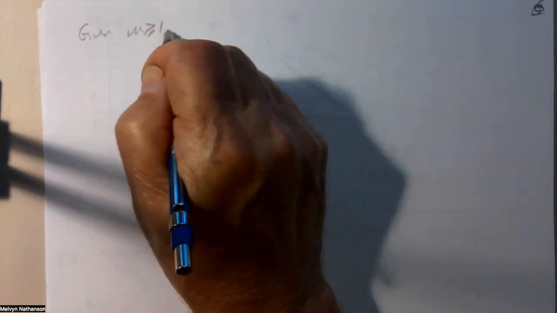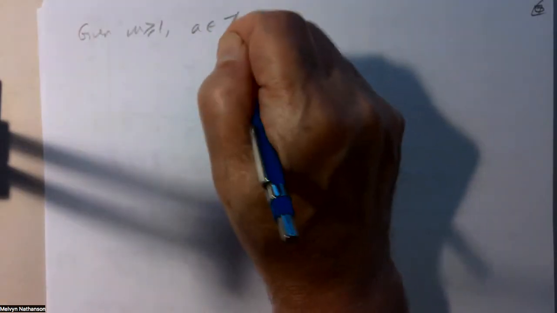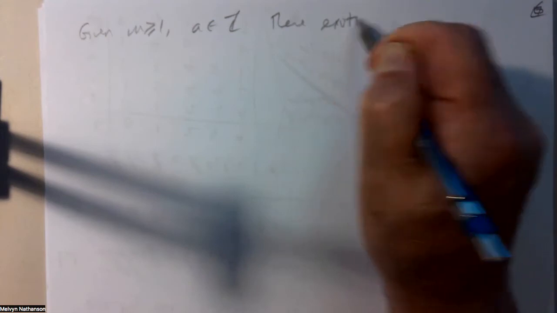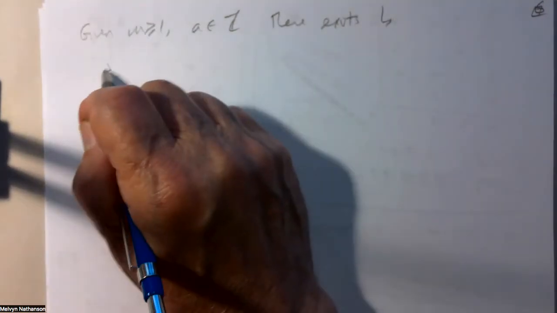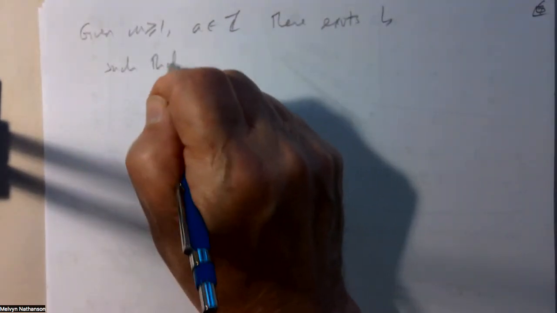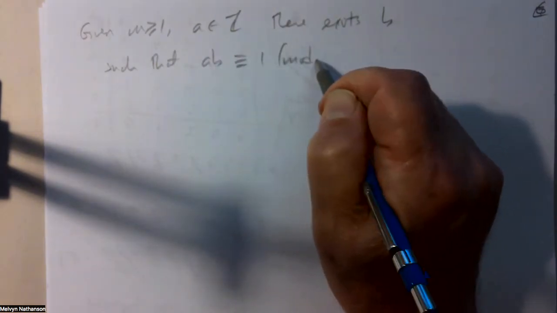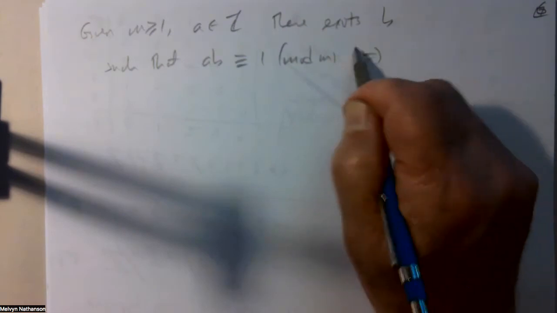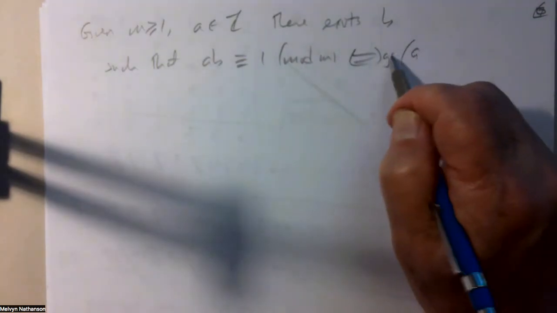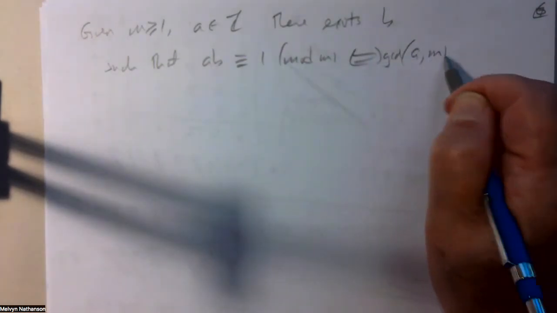Remember, given m greater than or equal to 1, and any integer a, there exists a b such that ab is congruent to 1 modulo m if and only if the greatest common divisor of a and m is 1.